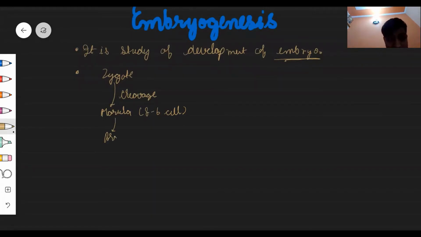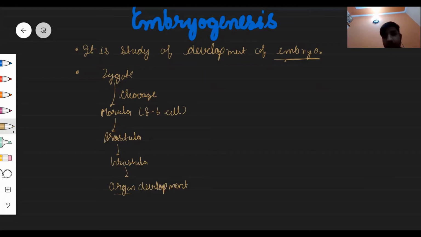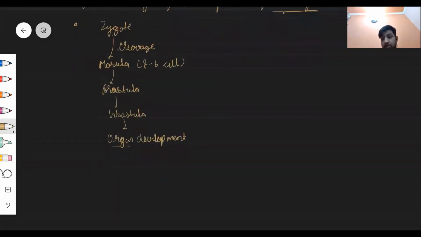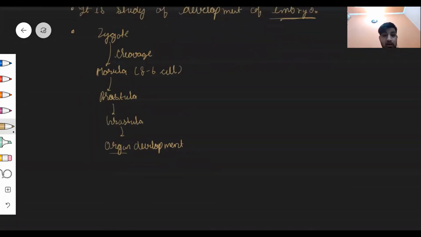Then it goes to the blastula, and the blastula goes to the gastrula, and after that the organ development. It all occurs in the first trimester. The first trimester is the foundation building of the child: the gastrula and the organ development.